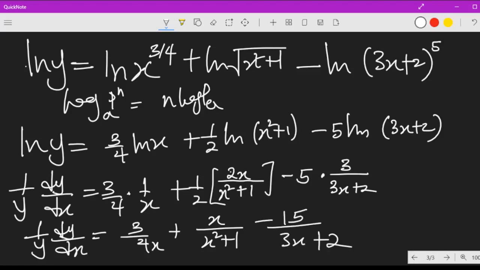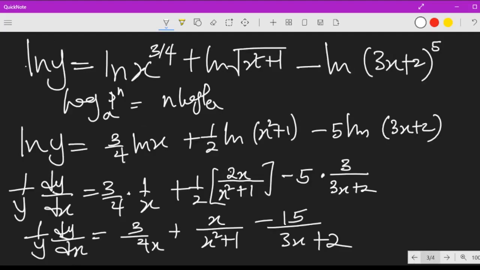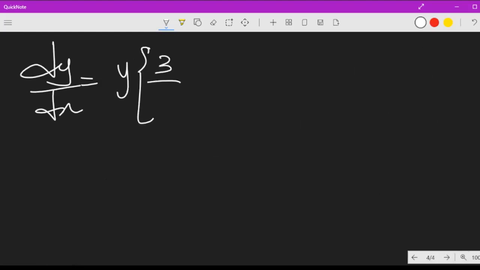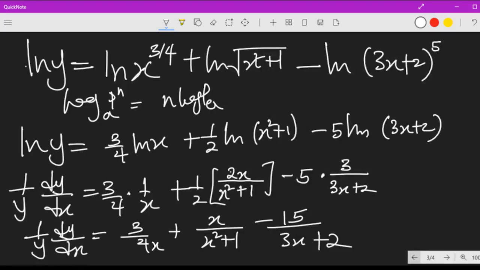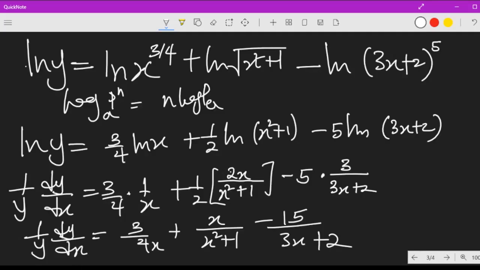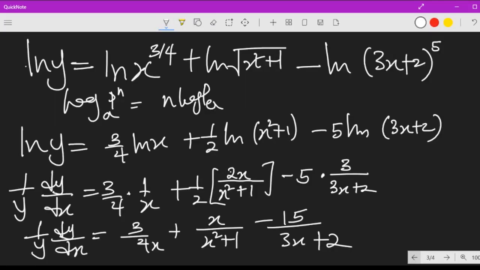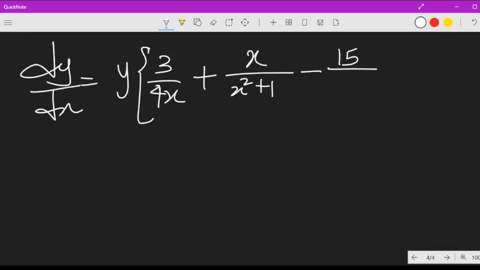So for the final answer, you just multiply y with this to have dy/dx equal to y onto bracket open 3 over 4x plus x over x squared plus 1 minus 15 over 3x plus 2. So this is the final answer for the question. So that's all.